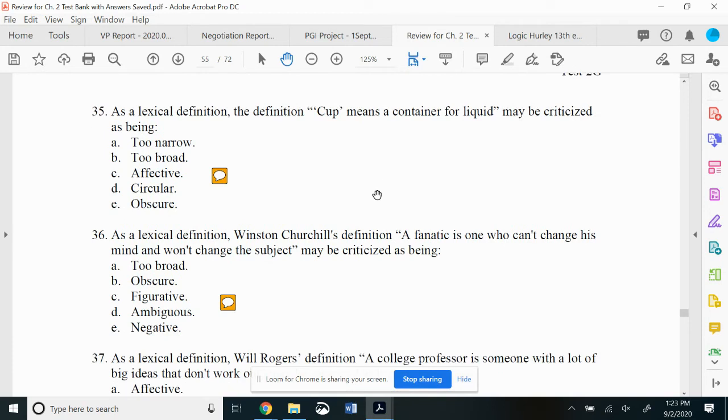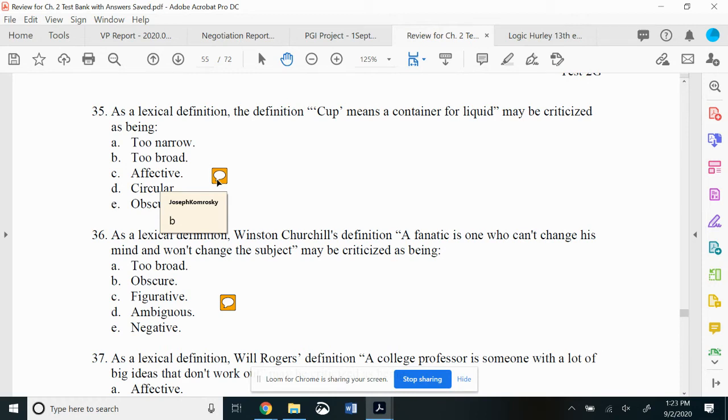35. The lexical definition, the definition cup means a container for liquid. And I think we're in 2.5 right now. Criticized as too broad. That means if something's too broad, it means you're letting too much in. And you can go back to my video on this section. I really spell this out for you.